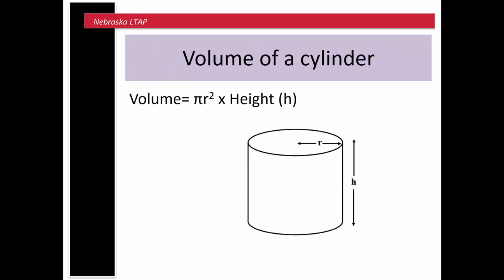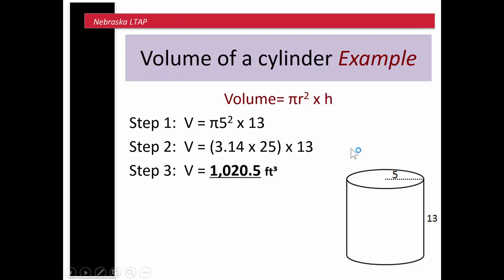Volume of a cylinder. Again, remember what the area of a circle is, right? Pi r squared. That is going to be the area. We're multiplying that by the height. For example here, we've got a radius of 5 for this circle at the top, for this drum. Basically looks like a drum to me.